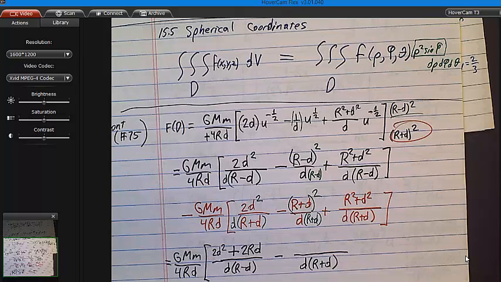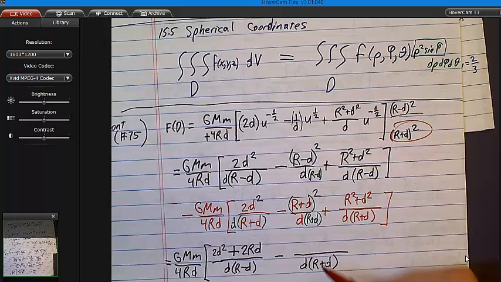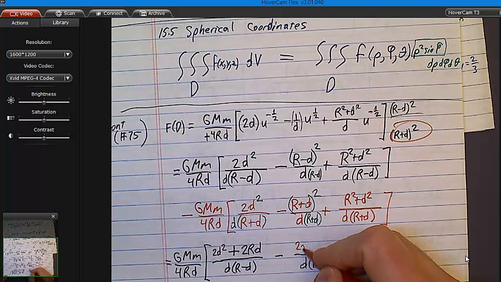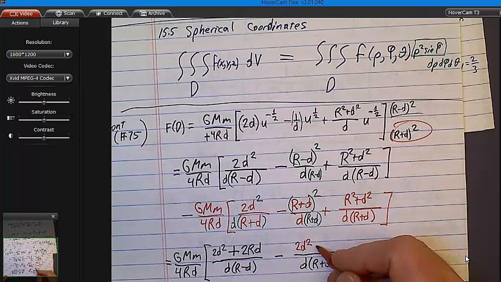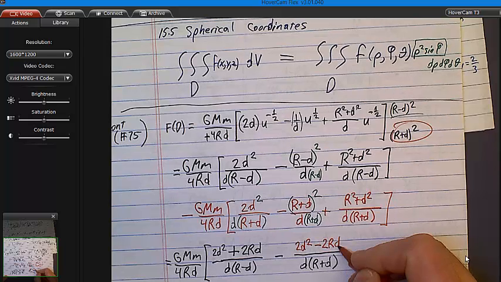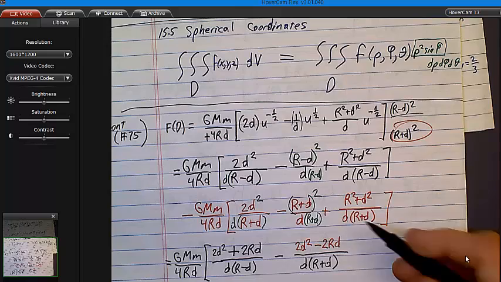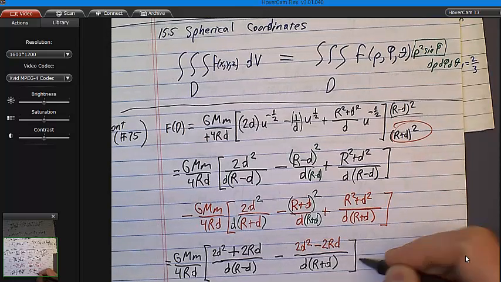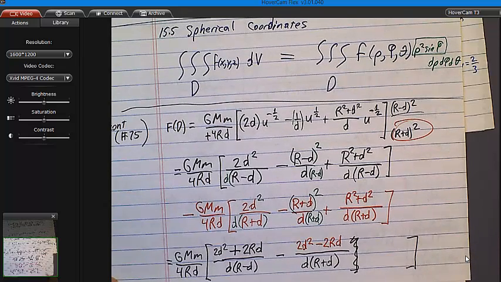Who thinks they follow what I just said there? You guys with me? If you follow that, then similarly, down here, we're going to subtract, again, 2d squared. Same idea. The only thing that sticks around would be a minus 2rd, because all the other stuff drops out. That's really cool. Only thing is, guys, I shouldn't put that bracket there because we're going to need a common denominator to combine these fractions.